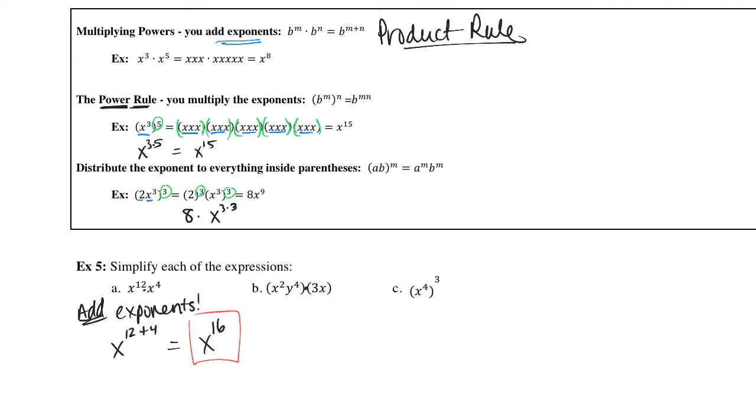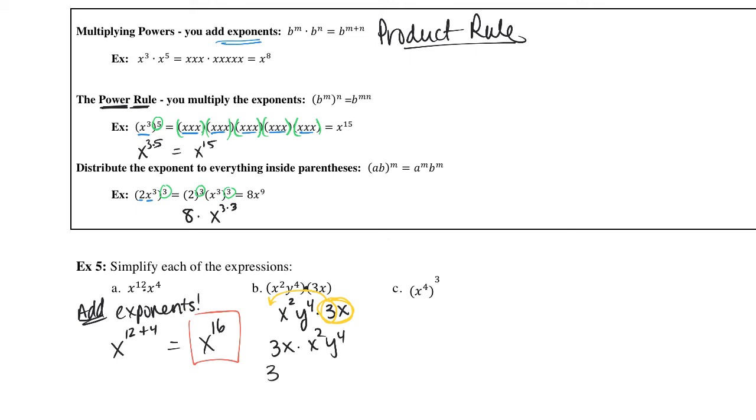And here, what's going on between those is multiplication. So I've got x squared times y to the 4th times 3x. We didn't even need the parentheses there. I'm going to go ahead and just use the commutative property, and commute that whole 3x out to the front. So 3x times x squared y to the 4th.